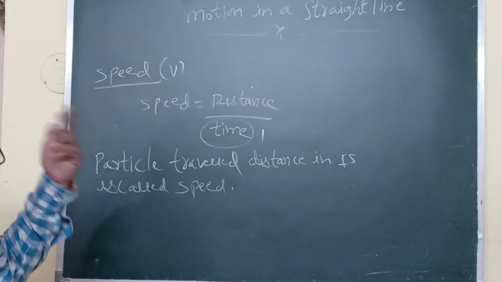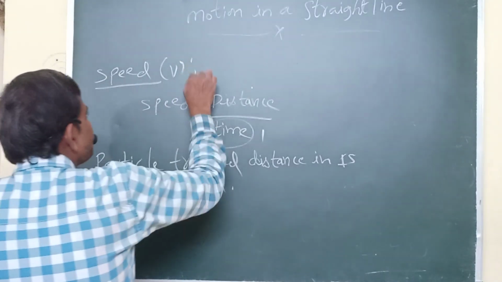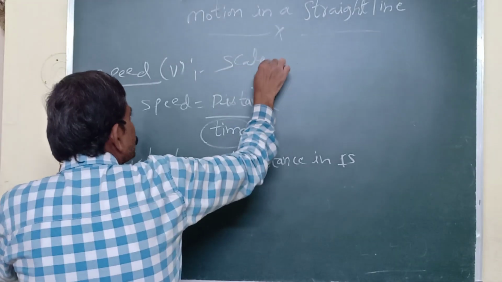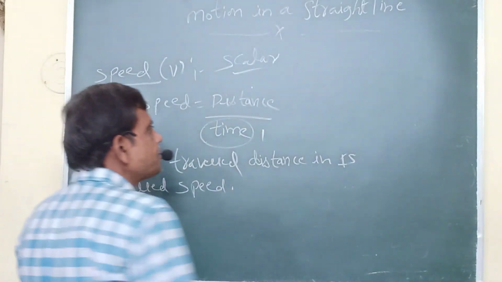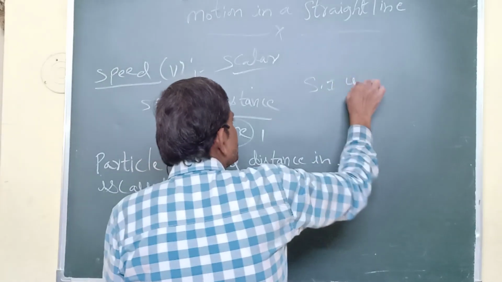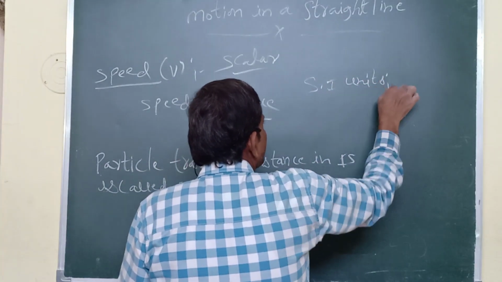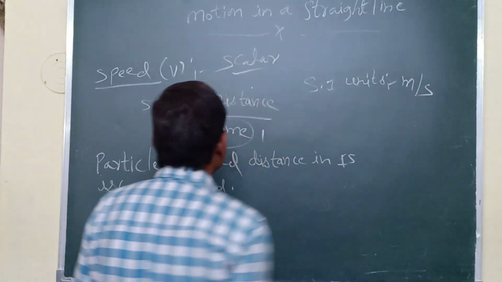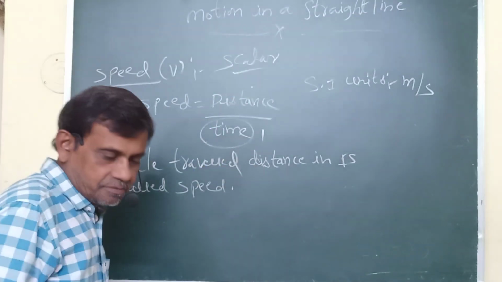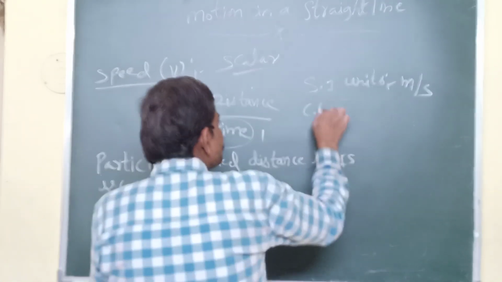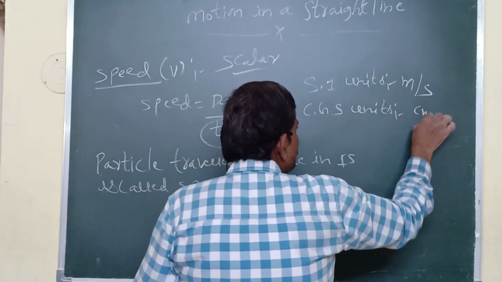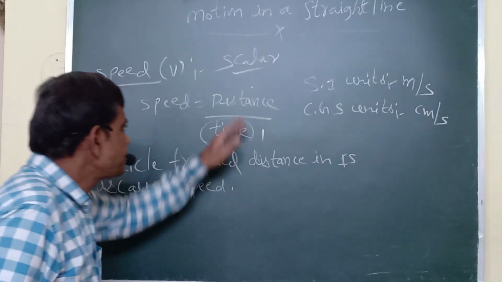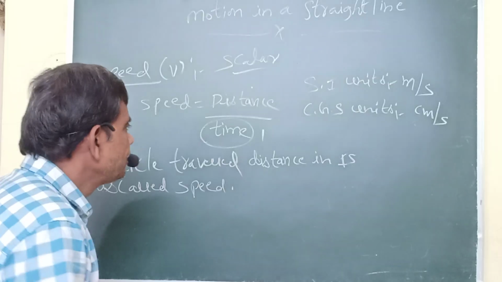This is a scalar and that is a vector. Now what are the SI units? Meter per second. Distance meter, time second. CGS units: centimeter per second. Distance centimeter, time second.